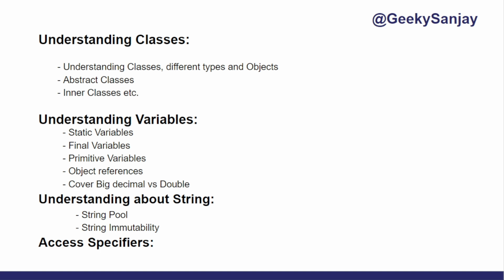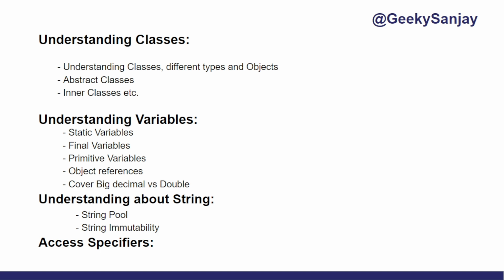So next we have understanding the variables. Understanding the variables means we will understand the types of variables: static variables, final variables, primitive variables, and object references. So what is a static variable? Whenever we create a variable, a static variable is always bound to the class. And for a final variable, once we create it, we cannot modify it and we cannot reassign it.